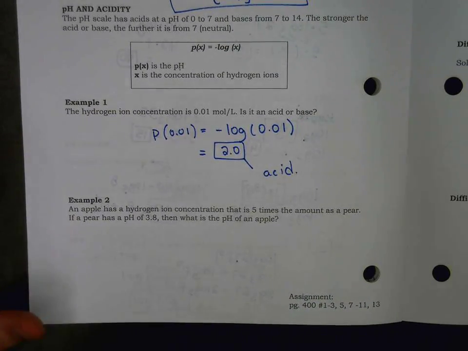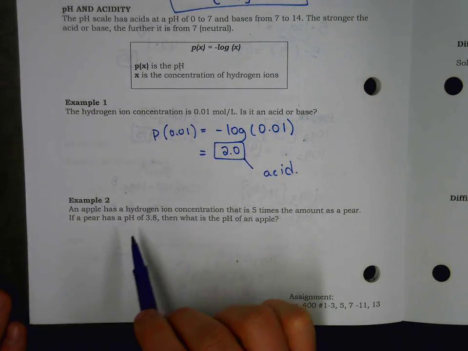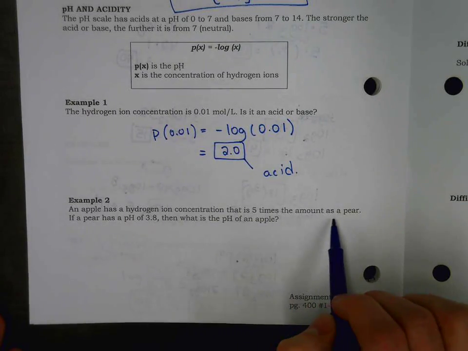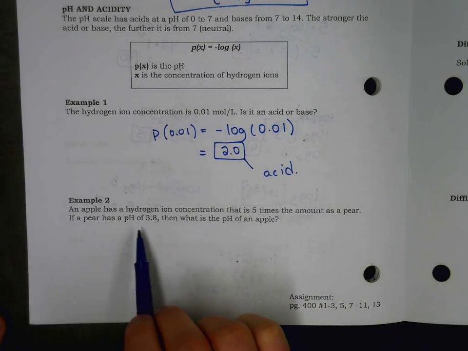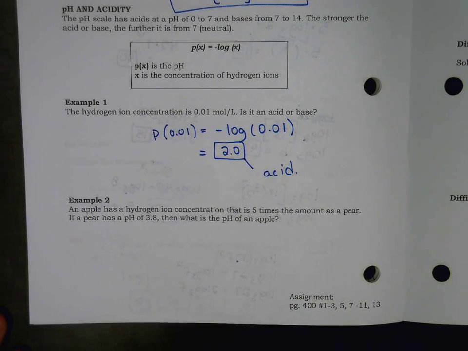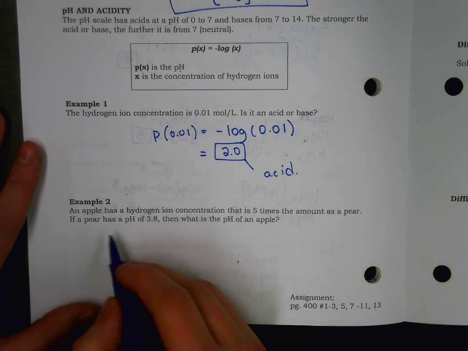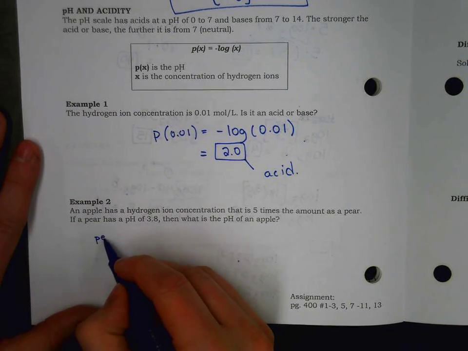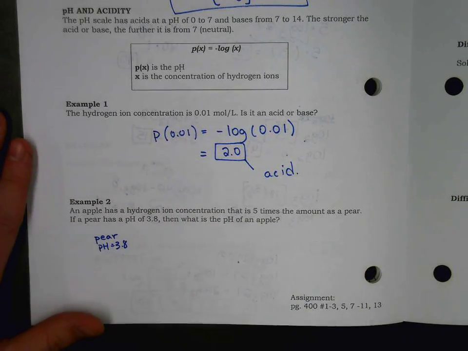Well, last question on the page says, an apple has a hydrogen ion concentration that is 5 times the amount as a pear. If a pear has a pH of 3.8, then what is the pH of an apple? Fairly complex question. But it says that a pear has a pH of 3.8. Let's just organize this.